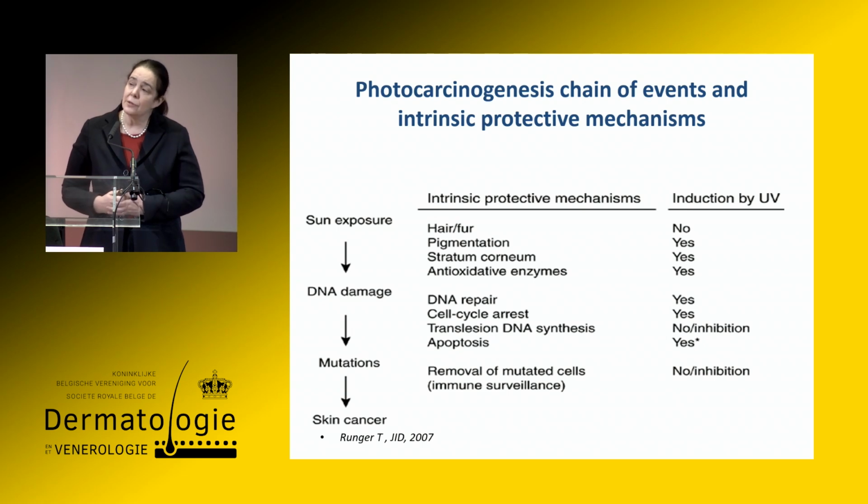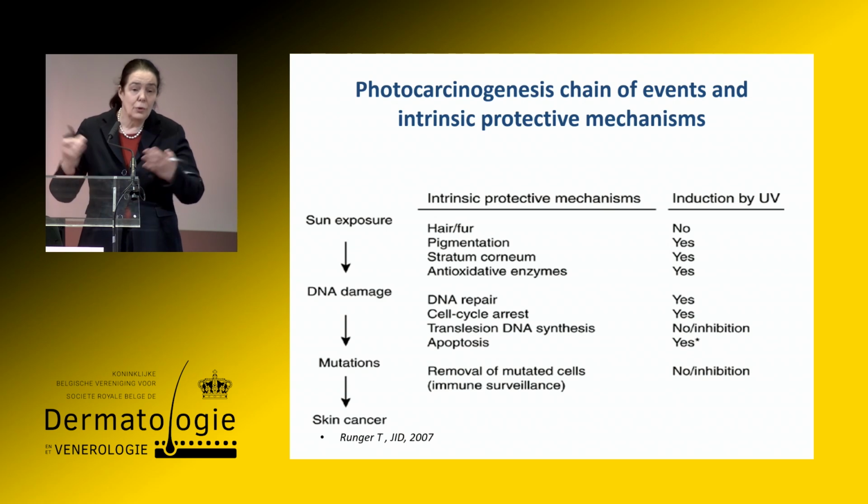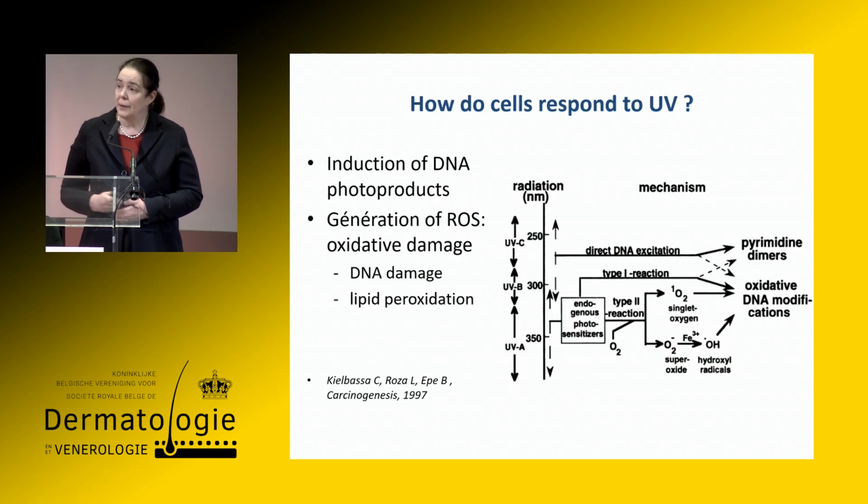We increase the thickness of the stratum corneum, and we also induce antioxidative enzymes. We also induce DNA damage, so we need DNA repair, and this is also activated by UV. We also need cell cycle arrest, to be able to repair, and finally it induces mutation and the removal of mutated cells.